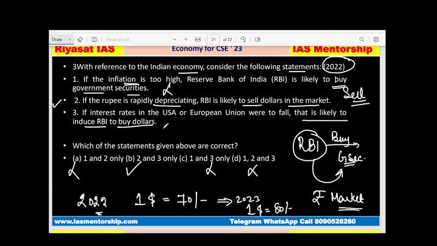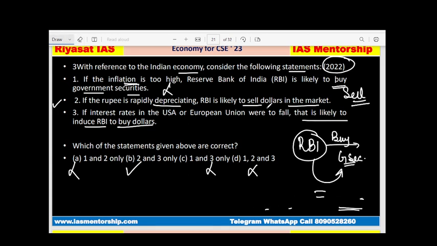Clear? RBI is likely to sell dollars in the market. If it is selling dollar, how will it sell? It will take the money from the market. I hope that you understood this equation, whatever I have written here.